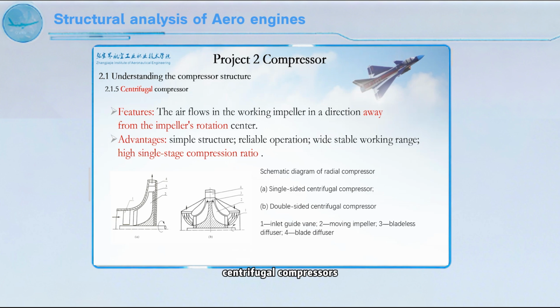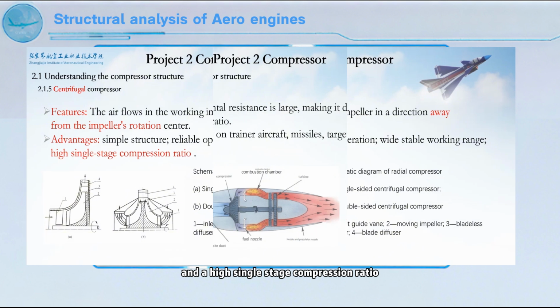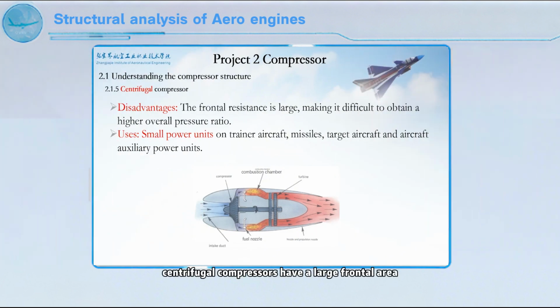Centrifugal compressors generally have the advantages of simple structure, reliable operation, a wide, stable operating range, and a high single-stage compression ratio. However, centrifugal compressors have a large frontal area, and it is difficult to obtain a higher total compression ratio, so they are generally used in small power units on trainer aircraft, missiles, target aircraft, and aircraft auxiliary power units.